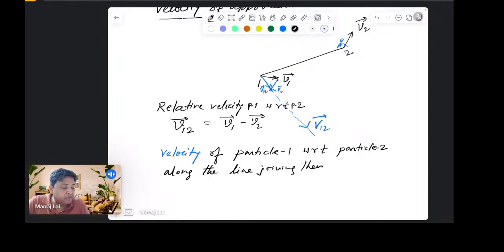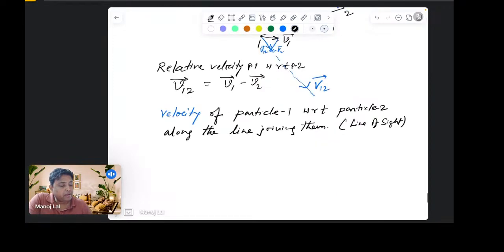This is also known as the line of sight. So if I take the velocity of 1 with respect to 2 along the line of sight, what will it be?